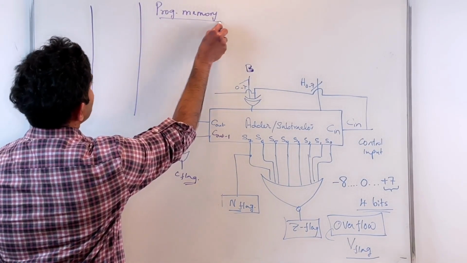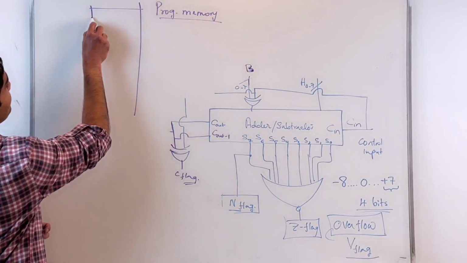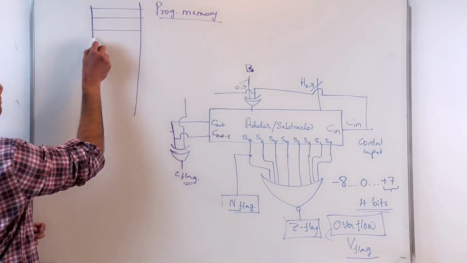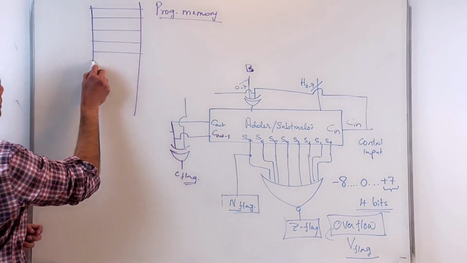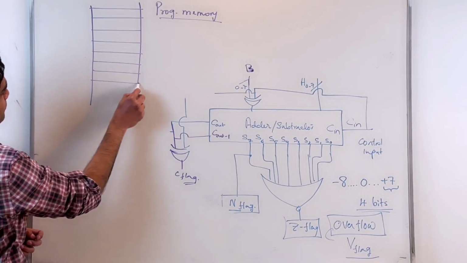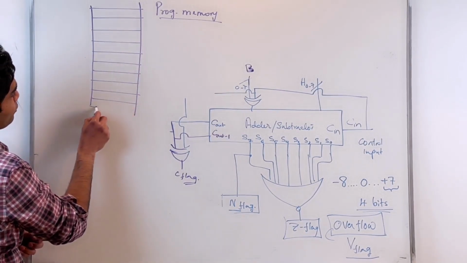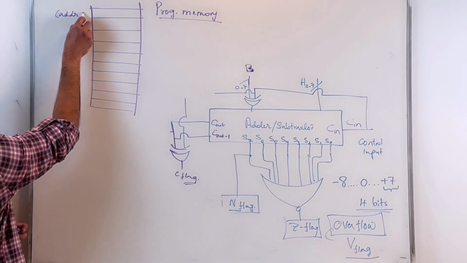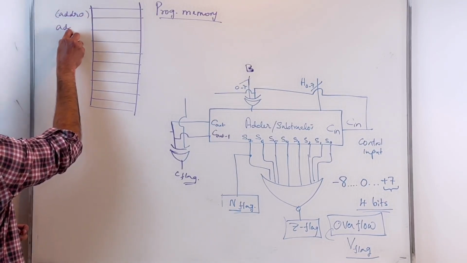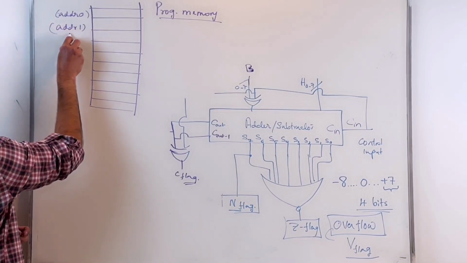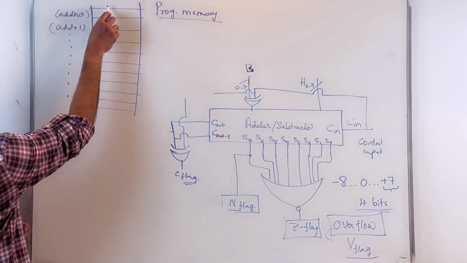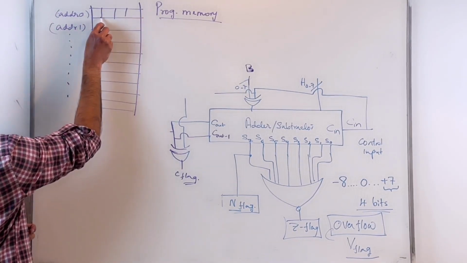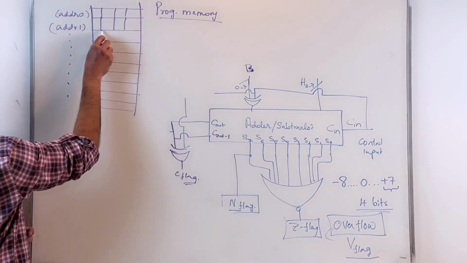Again, if you recall, we can imagine memory as a set of locations, and each location has a unique address: address 0, address 1, and so on. Each memory location can hold a certain number of bits defined by the size of your memory.